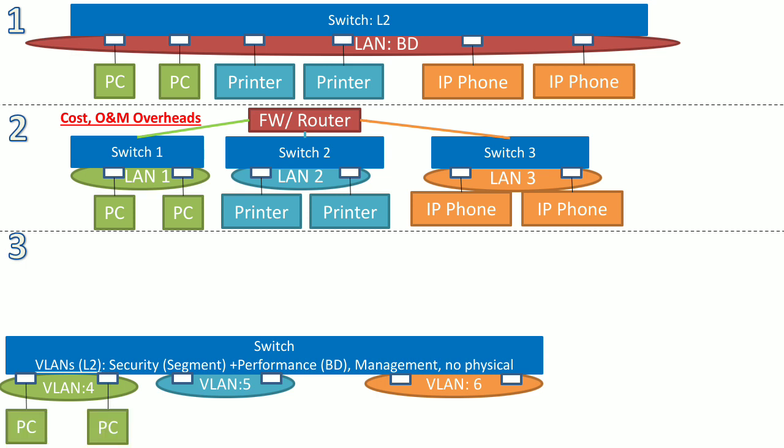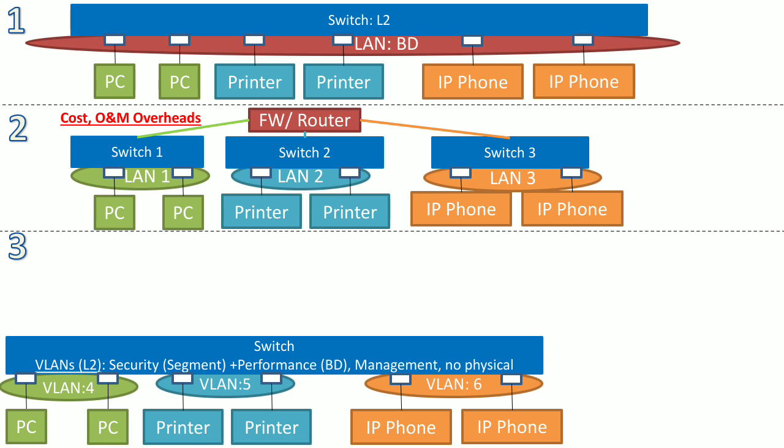So with VLAN 4 we attach two PCs, with the second two printers, and with the third two IP phones. You can think of these three VLANs as the three separate physical switches I discussed in scenario 2, but everything is done logically here.